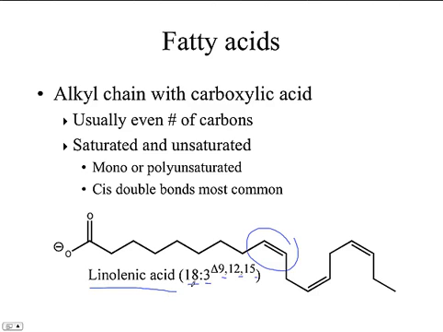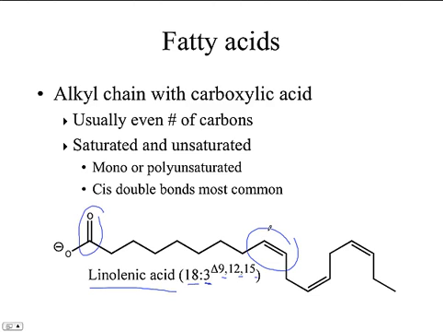What these numbers mean is the first number, the 18, indicates how many carbons are present in the fatty acid. So in this case, linolenic acid would have 18 carbons. The second number indicates the number of double bonds. In this case, we have 3 carbon-carbon double bonds. We don't count this as one of our double bonds. And then the delta 9, 12, 15 refer to the positions of these double bonds.